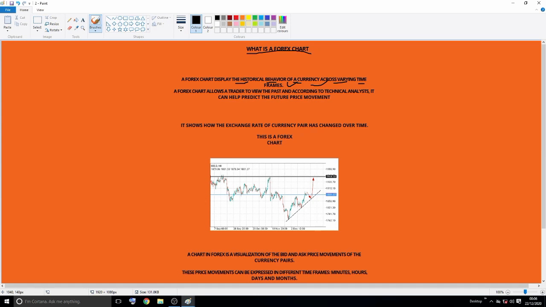So a forex chart displays the past behaviors or the previous price movement of a certain pair or stock or whatever that you are trading. The forex chart displays the price movement across different time frames.